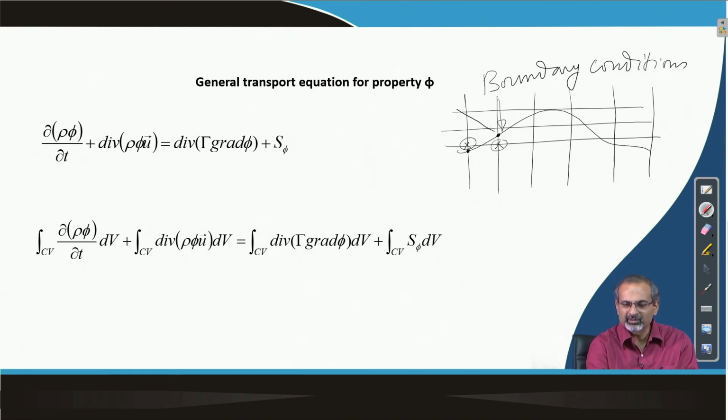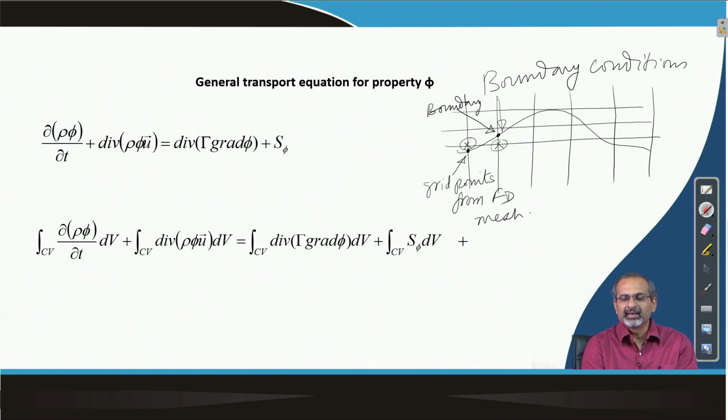So, these are the points on the boundary, while these are the grid points available from the finite difference mesh. And they do not match. So, in order to enforce boundary conditions, it may be very cumbersome to use finite difference mesh.